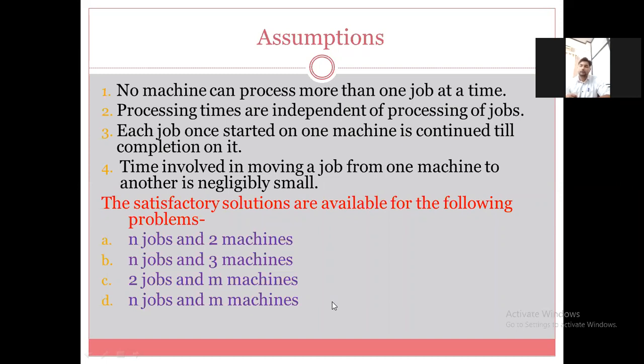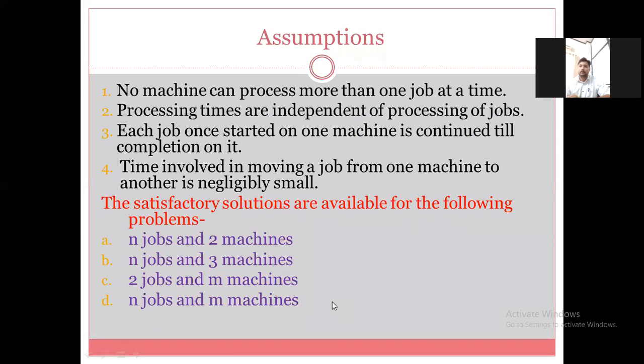Satisfactory solutions are available for the following problems. So these are four different problem statements. First one is n jobs and two machines.